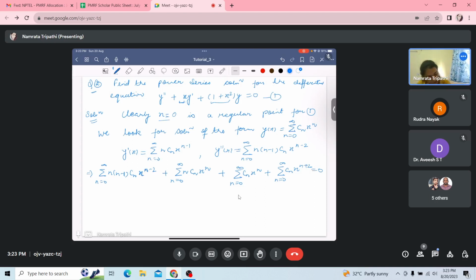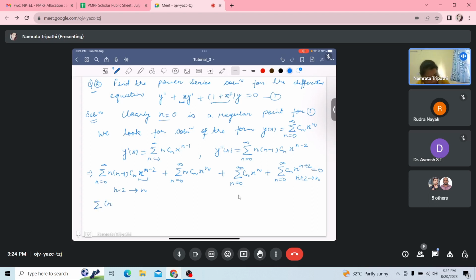So for this we should replace n minus 2 with n for the first term, and for the last term we have to replace n plus 2 with n. You can use another symbol like m, and after putting you can replace m with n. Here I am taking the power x to the power n minus 1. I am replacing n minus 2 with n, and in the last term I am replacing n plus 2 with n.